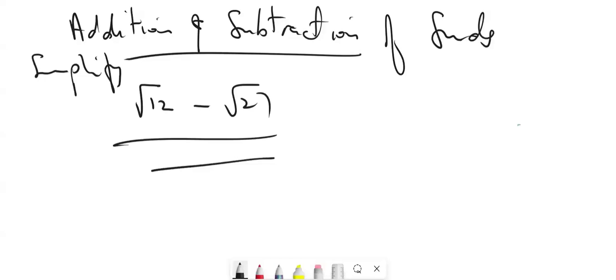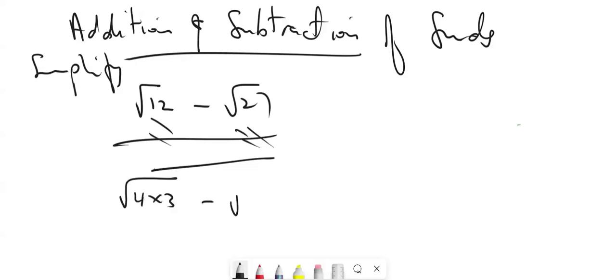So you look at it, you say, no way. Surds tell us that if these two things are different, you can't just subtract them, right? But what you could do is see if you can break down 12 and break down 24, to see if the two surds can have a common surd inside. 12 is 4 by 3.